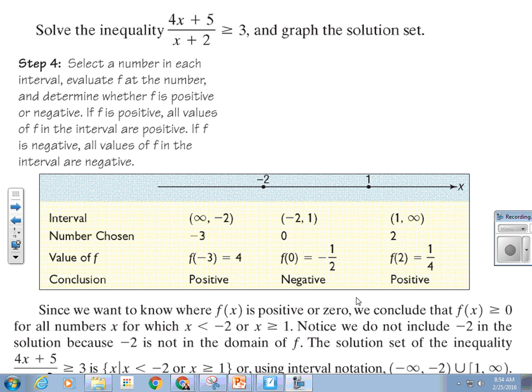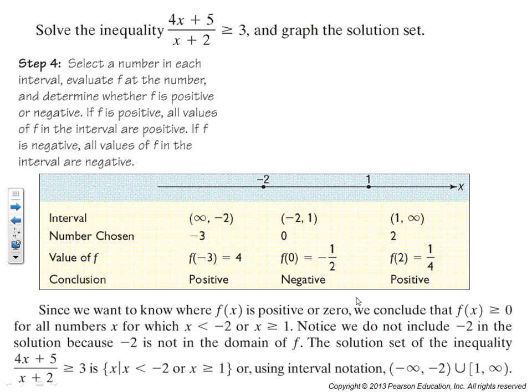So then we go back to our original function. We want to know where f of x is positive or 0. So we want to know where we're positive, which is negative infinity to negative 2. And we can't equal negative 2, remember, so it's got to be open.